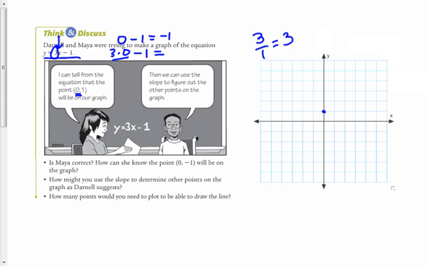So if I go up 3 and over 1, there's going to be another point on the graph. I can just draw a line through there, and I really only need 2 points to create a line. You might want to put one more just to make sure you get a straight line. So I can also go back 1 and then down 3, and I'll get the same situation there. And then just draw a line through there, and you got the graph.